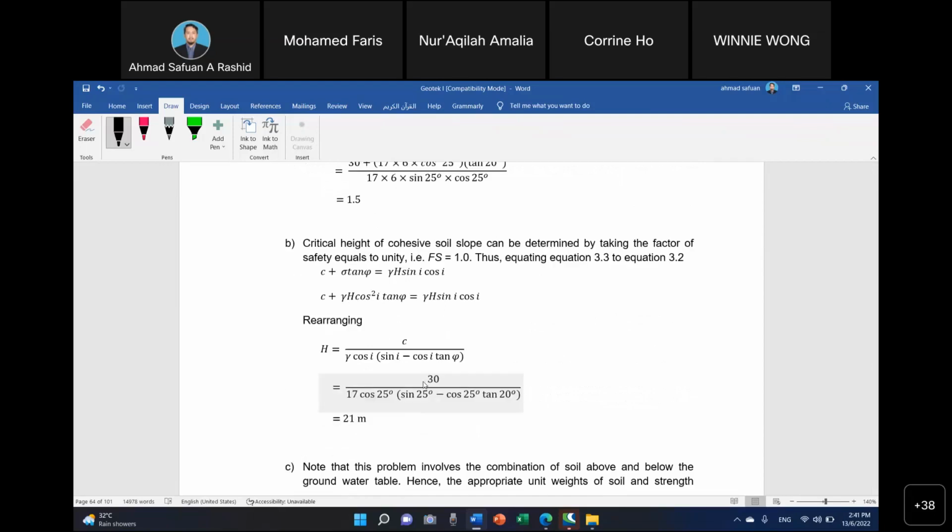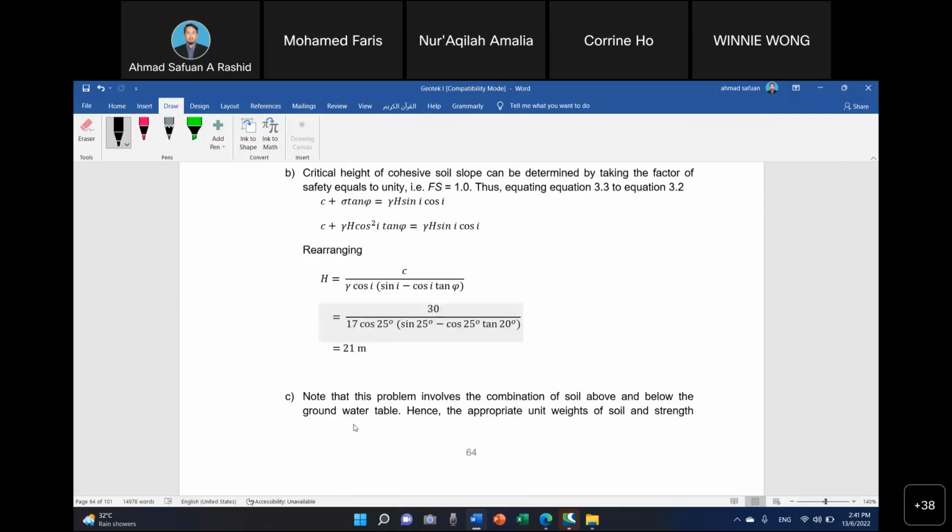Then we solve by putting all the related parameters in the equation. Then the height of the slope under the critical condition is equal to 21. That is for B.